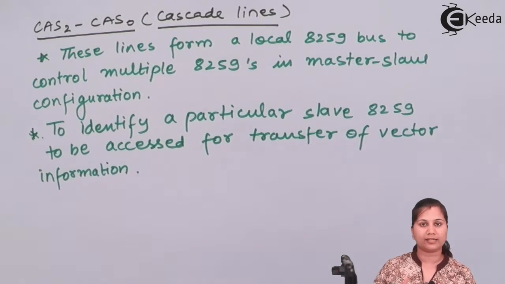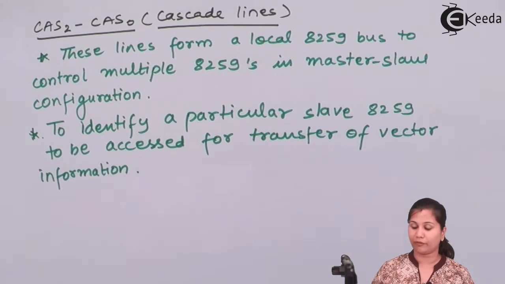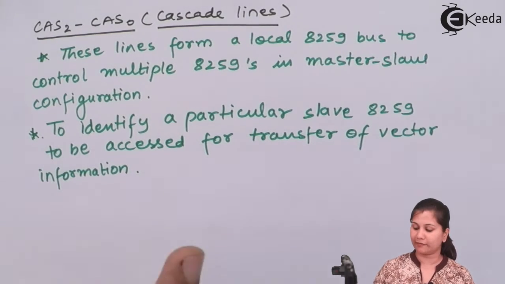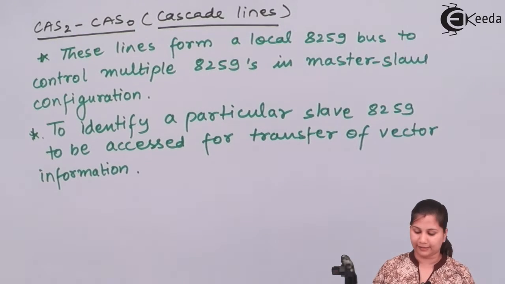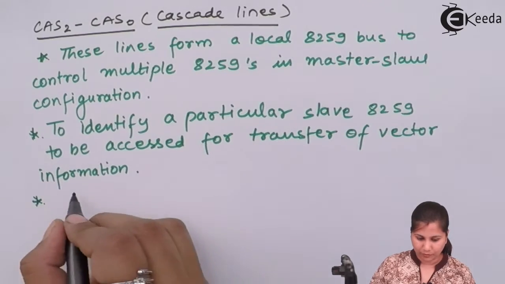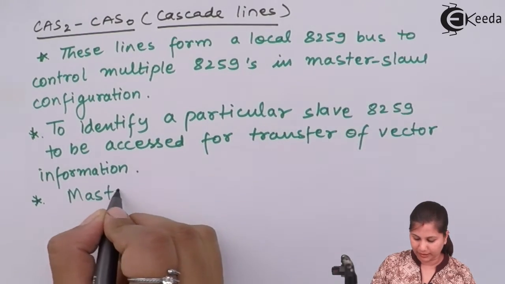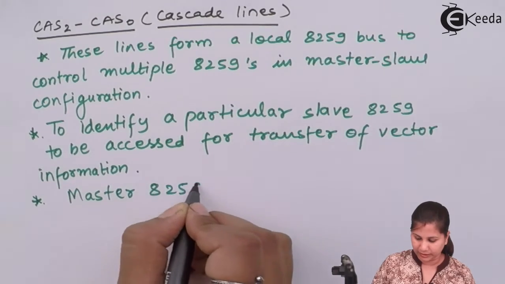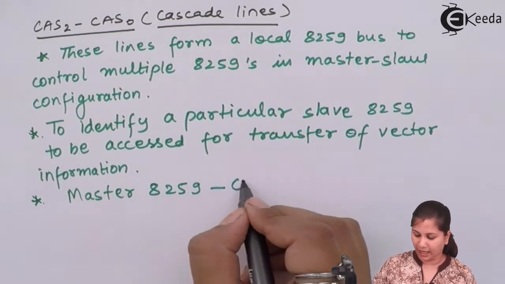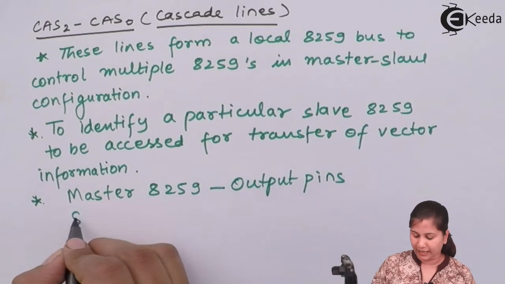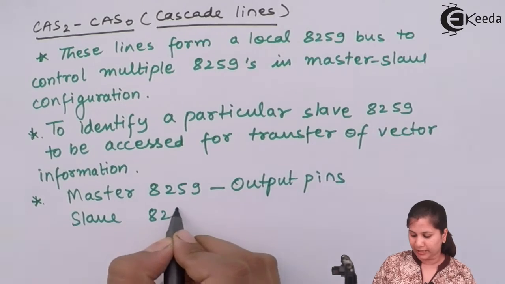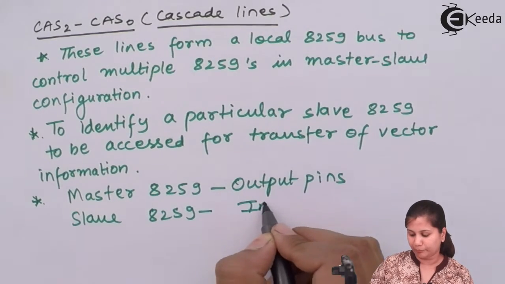So if we want to access the address, if we want to identify a particular slave, then these lines are used. Now these lines automatically become the input and the output lines for the master and the slave ICs. If we are having a master 8259, then these lines are set as the output pins, and if we are having a slave 8259, then these pins are set as the input pins.